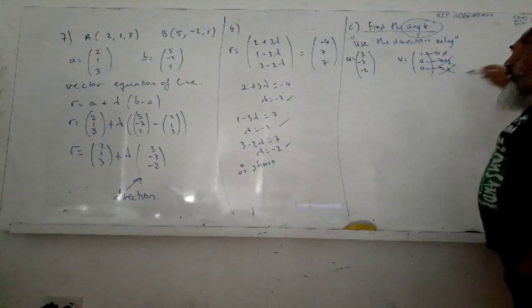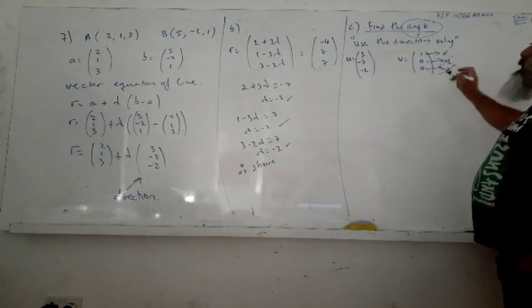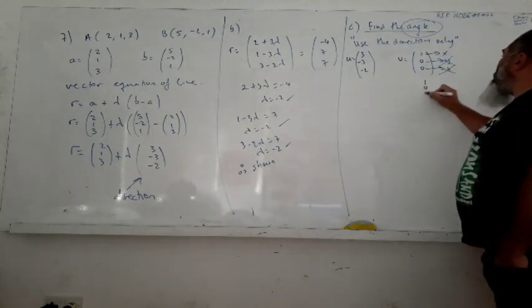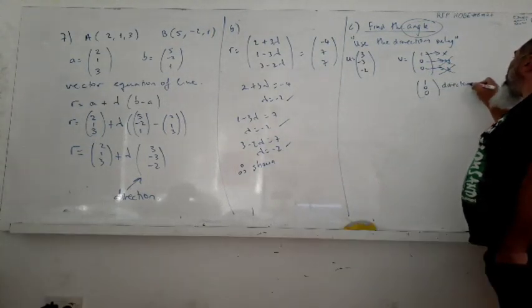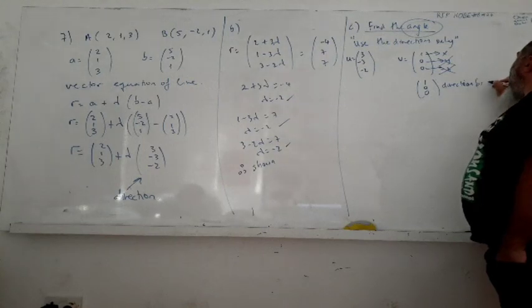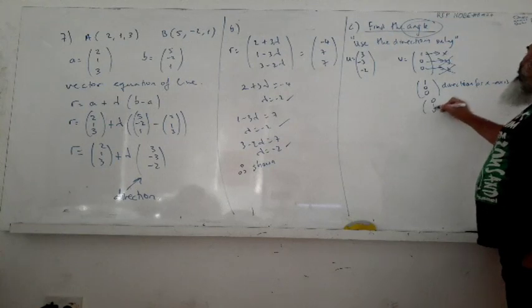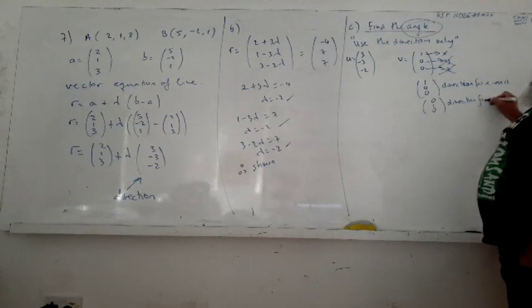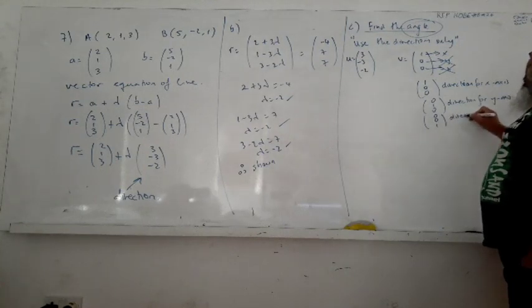So that's why this is the direction for x-axis. 1, 0, 0 is direction for x-axis. 0, 1, 0 is direction for y-axis, and 0, 0, 1 is direction for z-axis.